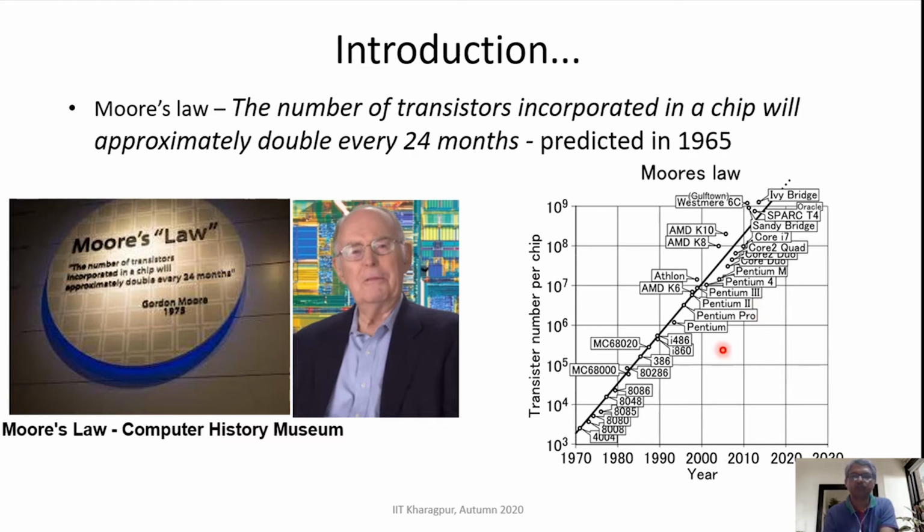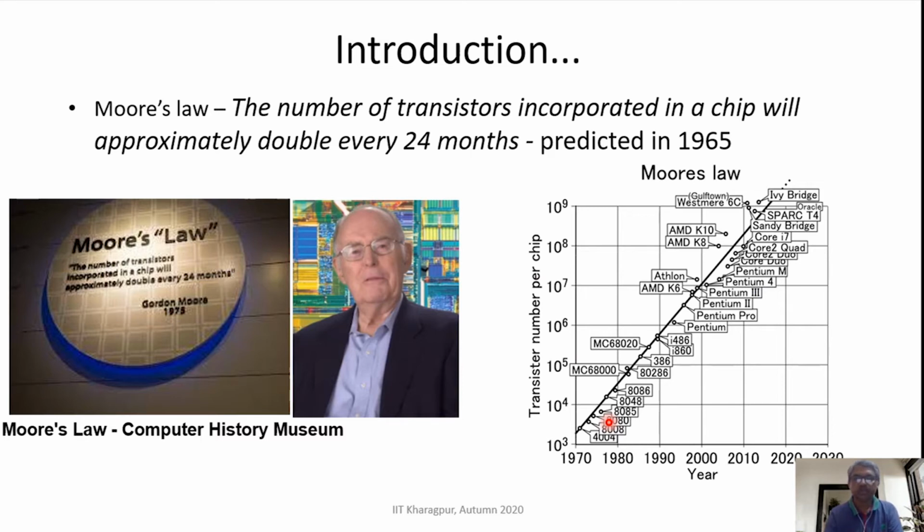That way we managed to improve the speed of the circuits, and we managed to improve the functionality of the circuits, and this has been a revolution. Today all our electronic gadgets are very compact, power efficient, very fast, and so on and so forth. And all this is possible because of this revolution in integrated circuits.